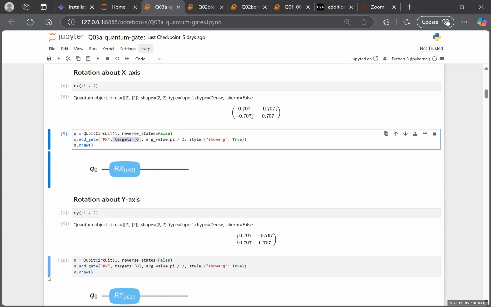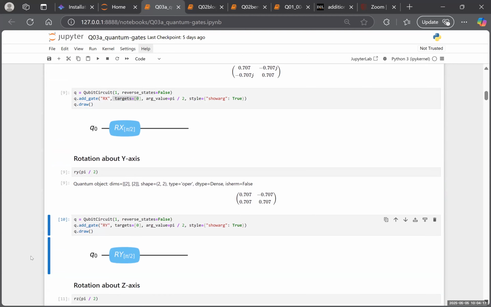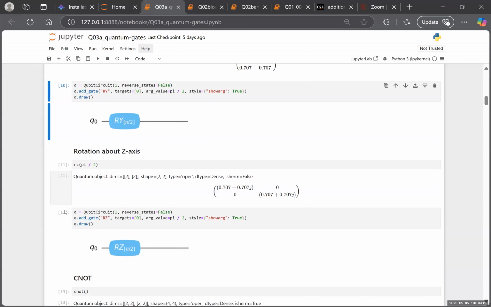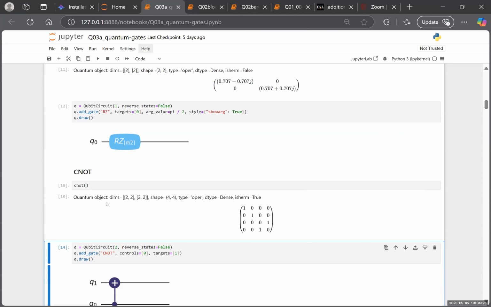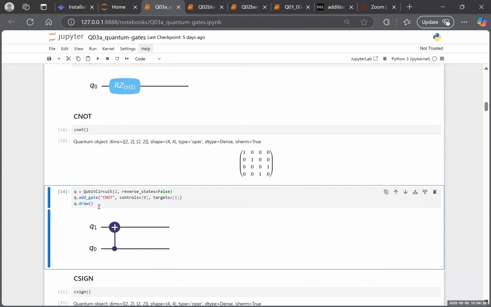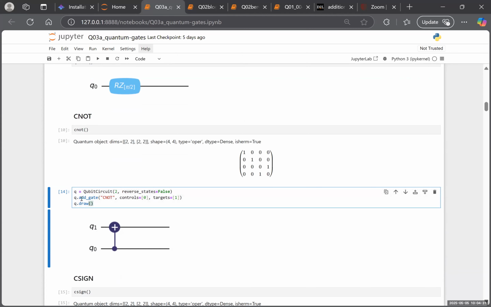You specify which qubit. So for CNOT, you write the matrix in terms of this, but when you are writing to the circuit, you will use add_gate, and this literally is the name, the control, the target.